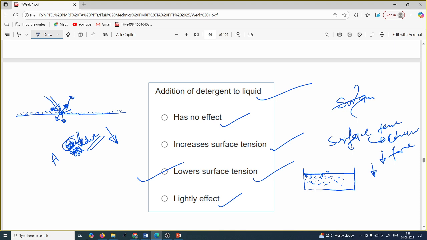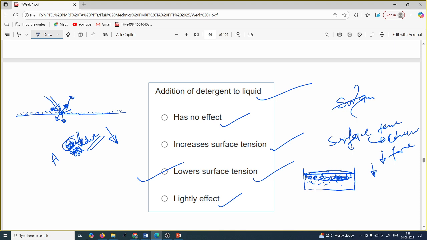As they are pulled downward, your surface will be like that.